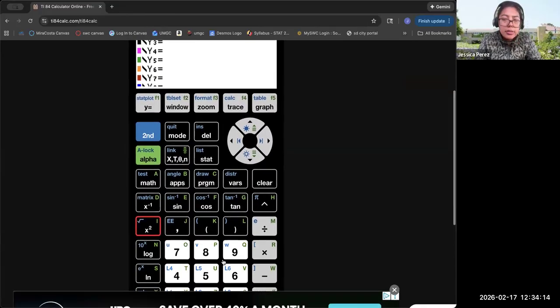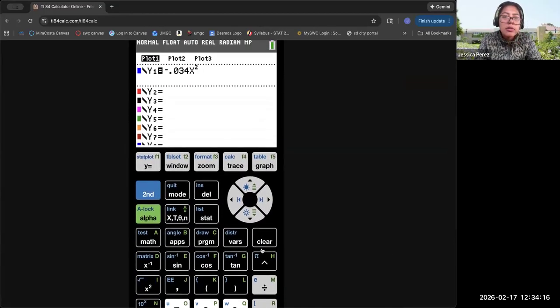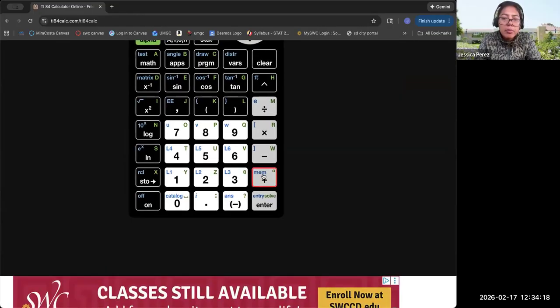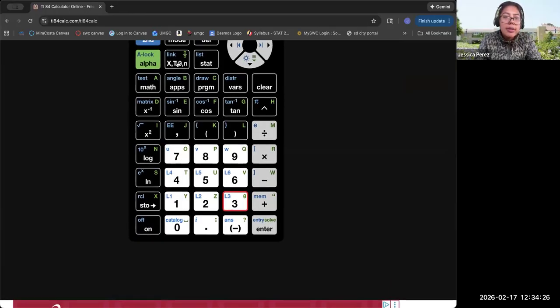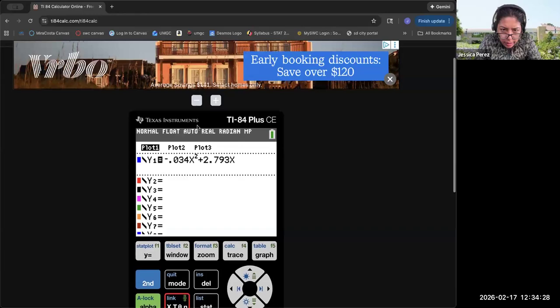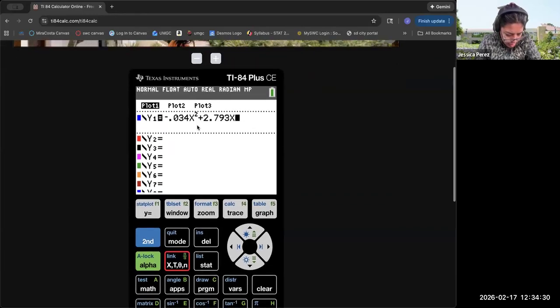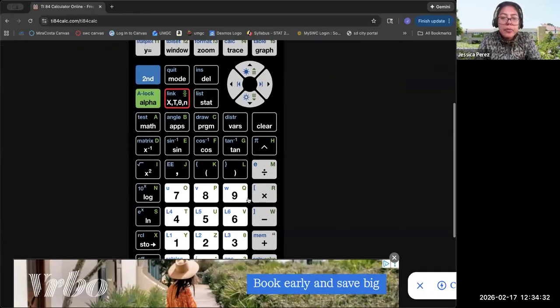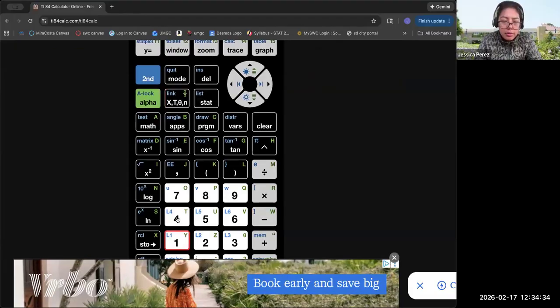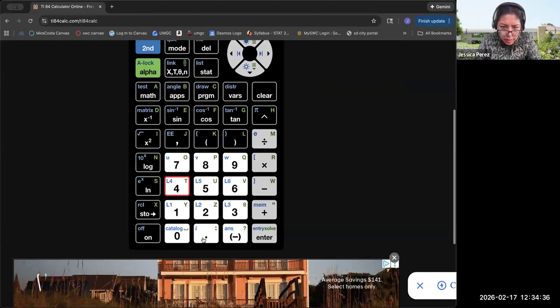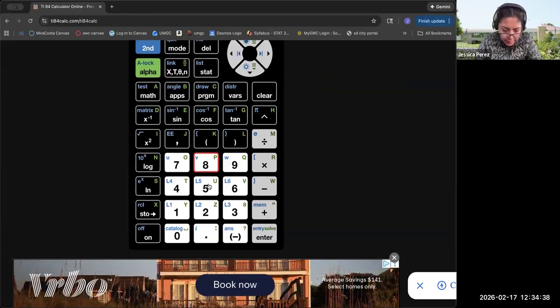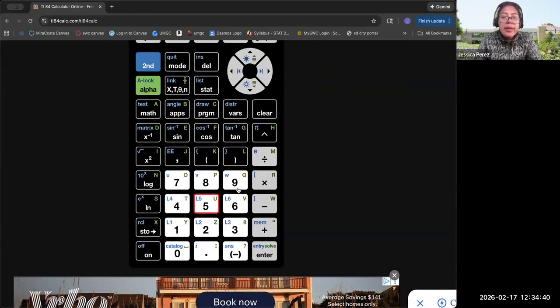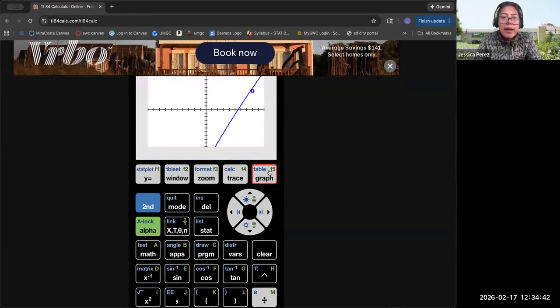And then plus 2.793x right there, making sure that I have everything nice and written, minus 14.285. Then you're going to select graph.